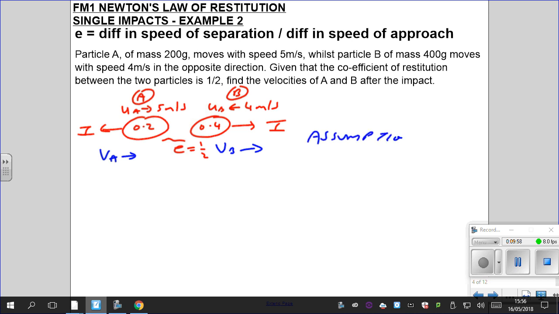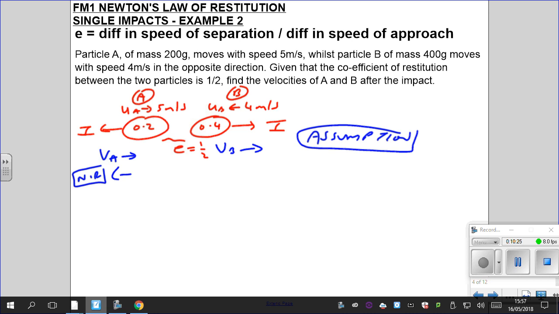My assumption is that A is going to go right and B is going to go right. If I get a positive answer for A, then I must be correct in my assumption. If I get a negative answer for A, then I must be wrong. It must be left, not right. Okay? Keep on to that fact. If you understand that theory, you'll be able to do every question on this topic.